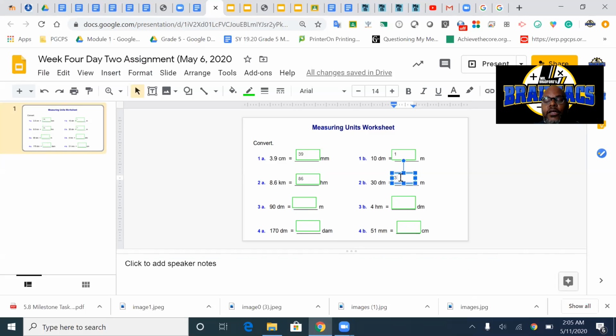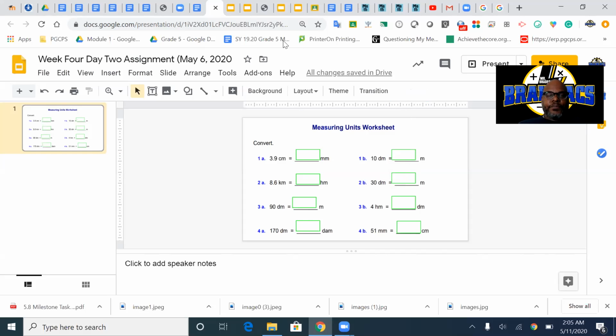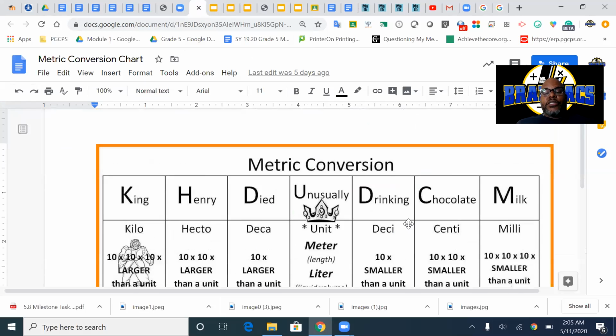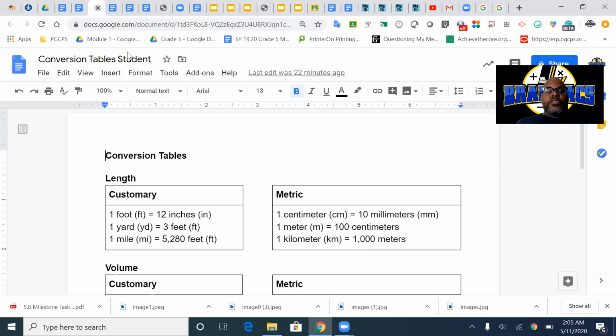Instead of using meters, standard units use inches, feet, yards, and miles, where metric units use millimeter, centimeter, meter, and kilometer. These are metric units, but for the standard units, they use inches.